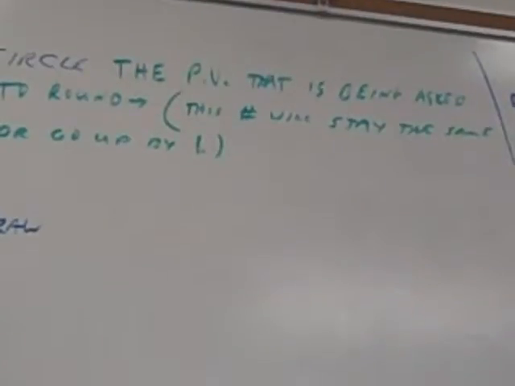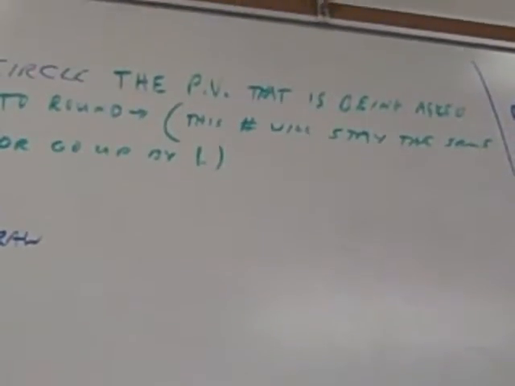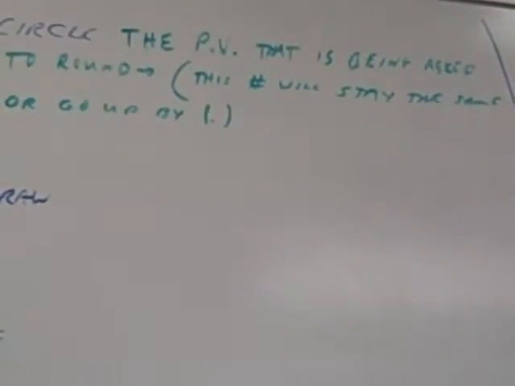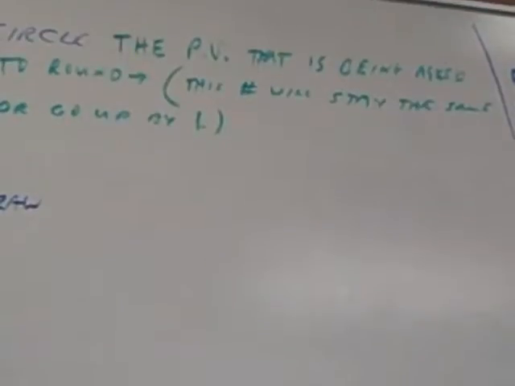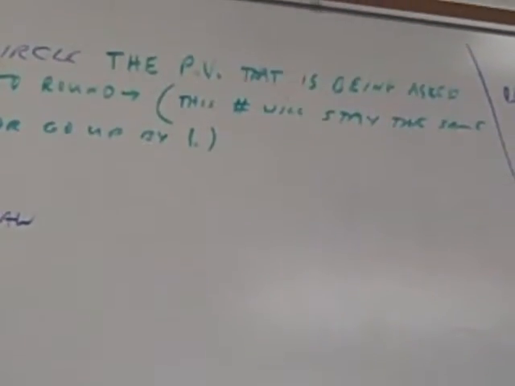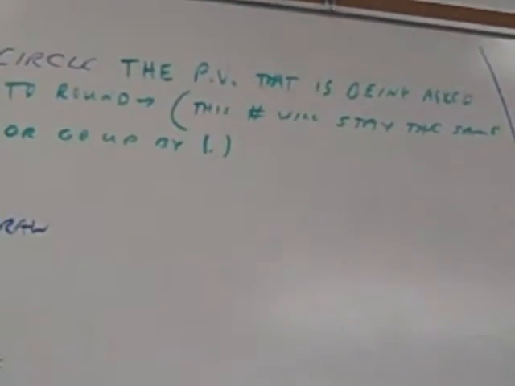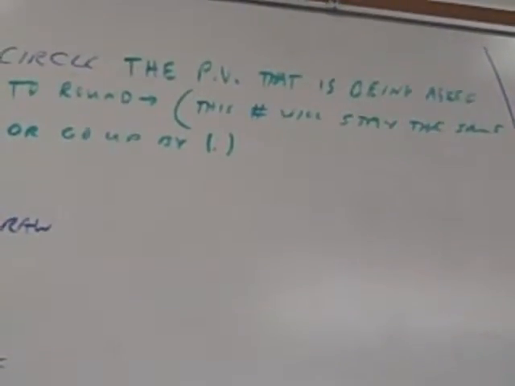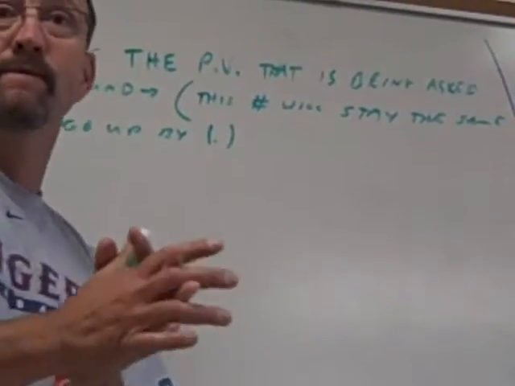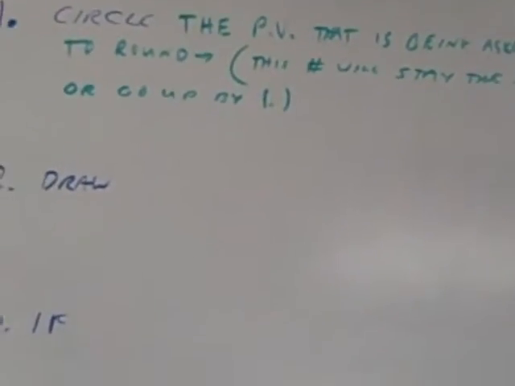This number that we've circled, it's either going to stay what it is in our rounding, or it's going to go up by 1 in our rounding. It will not round down because we're doing decimals and we've got to be very specific. We're not going to round down. It's either going to stay the same or it's going to go up 1. Is everybody with me on that? All right.